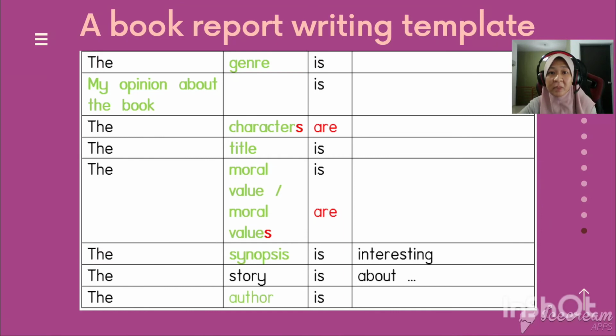Do you still remember punctuation that we have learned previously? Yes. When you write the name of people, the name of place, you have to begin with a capital letter for each name. Alright? For example, like Peter Benchley. So, P and B, you have to write in capital letter.